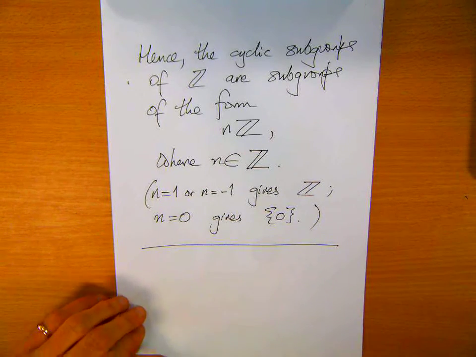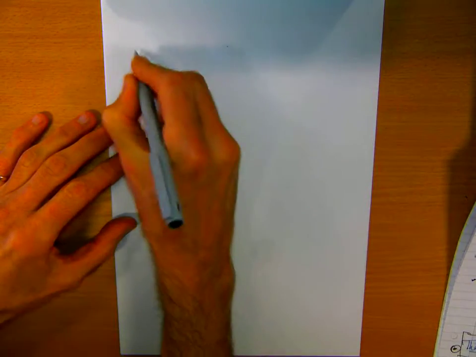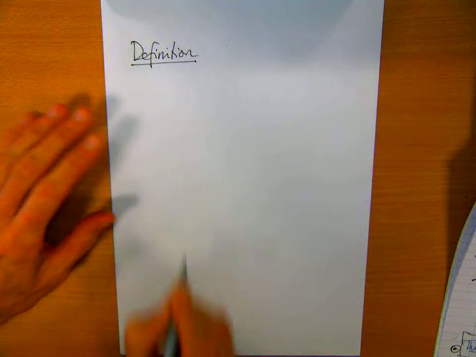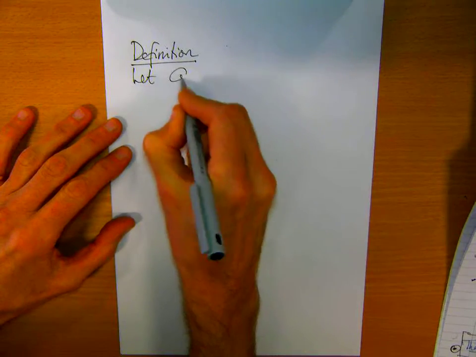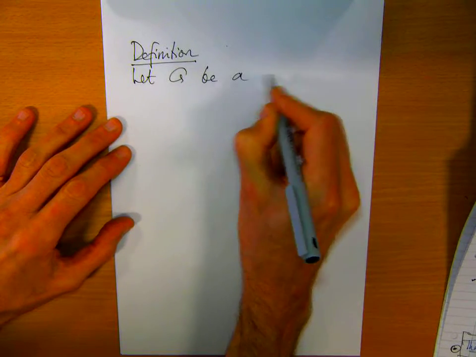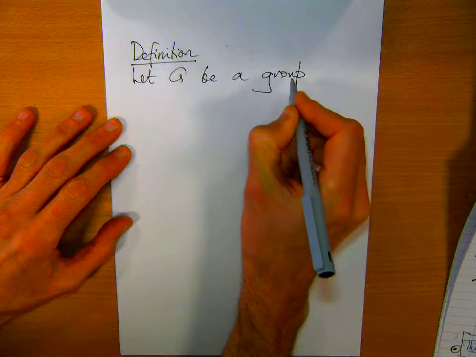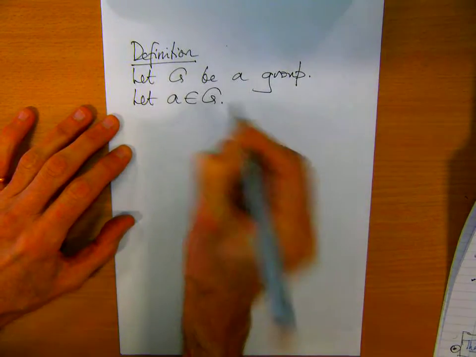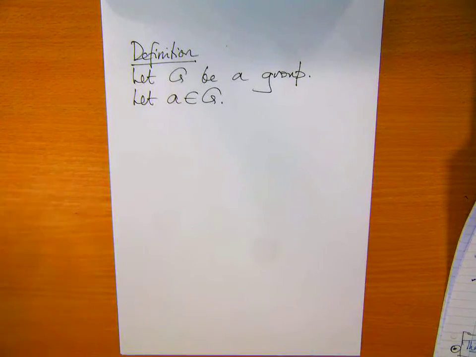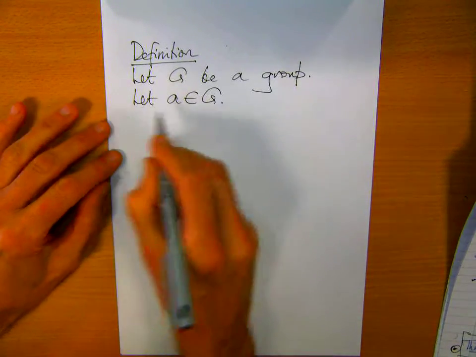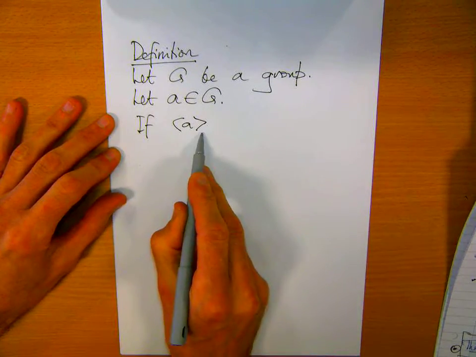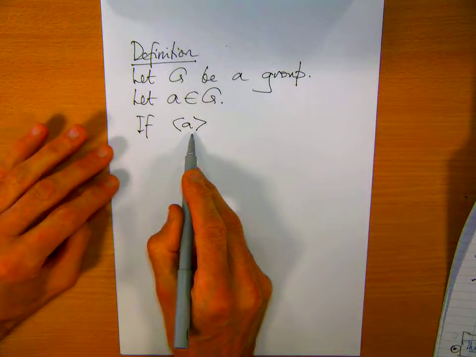I think I've already used the word order, but let's just write down a definition. So let G be a group, let a be an element of G. Then if we look at the cyclic subgroup generated by a, well, there are two possibilities in terms of its cardinality.